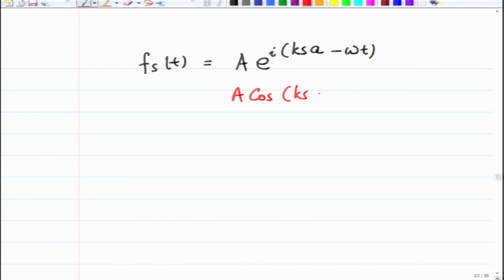Let me now show this mathematically. Recall that we have f s t written as an amplitude e raised to I k s a minus omega t, or equivalently as cosine of k s a minus omega t, or a sine k s a minus omega t.